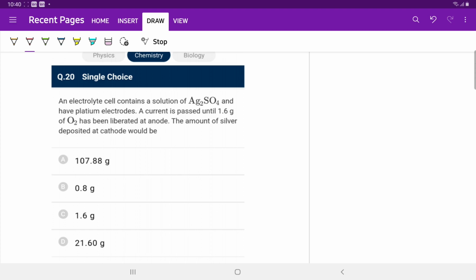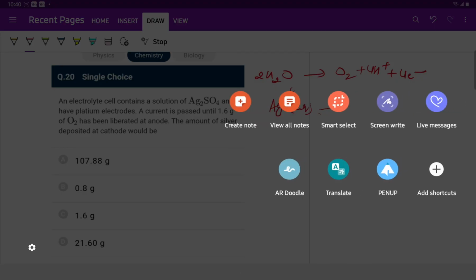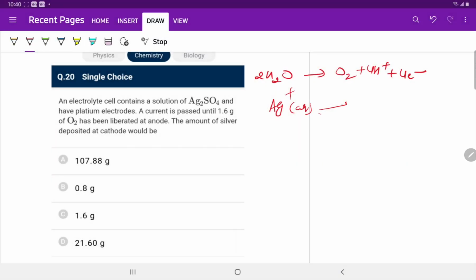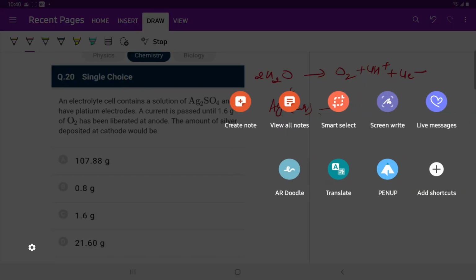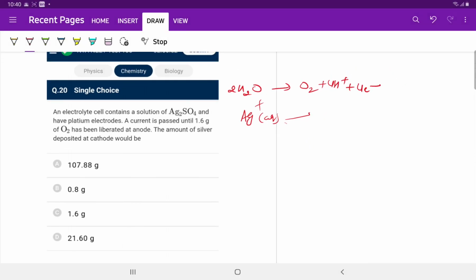We know very well that 2 moles of H2O on electrolysis gives O2 plus 4 moles of H plus and 4 moles of electrons, and Ag plus aqueous gains 1F of electron and forms Ag solid.